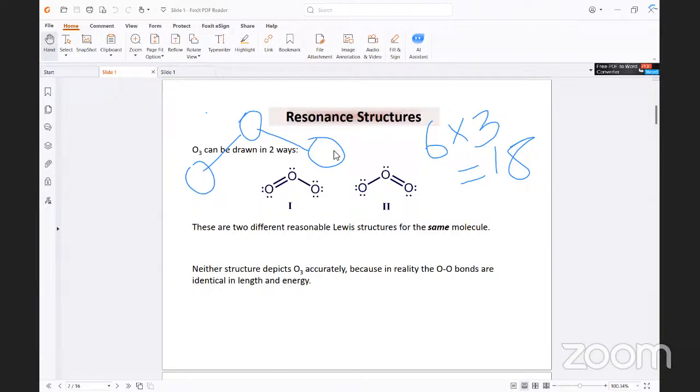So you have that single bond here, and this single bond here, making 4 electrons out of these 8. So we have 14 left.